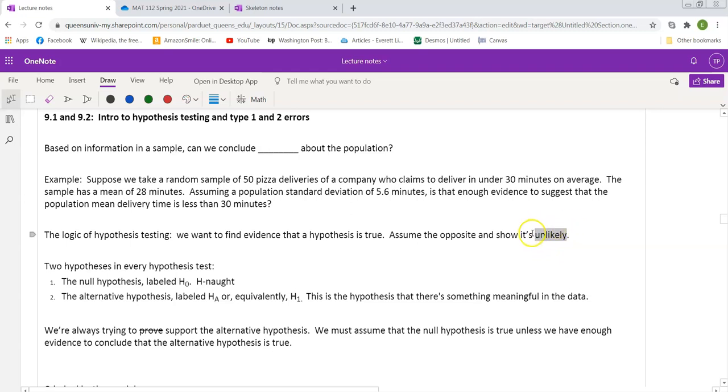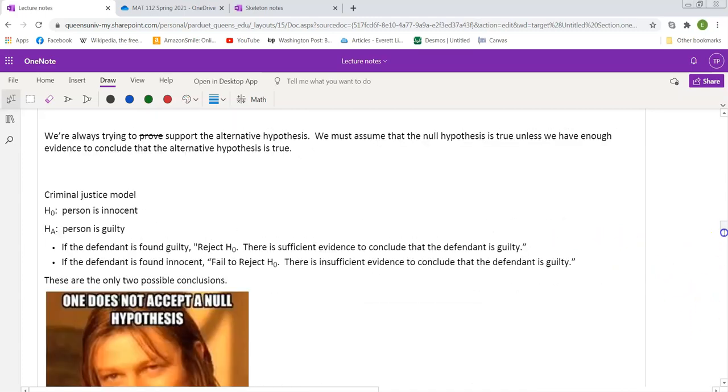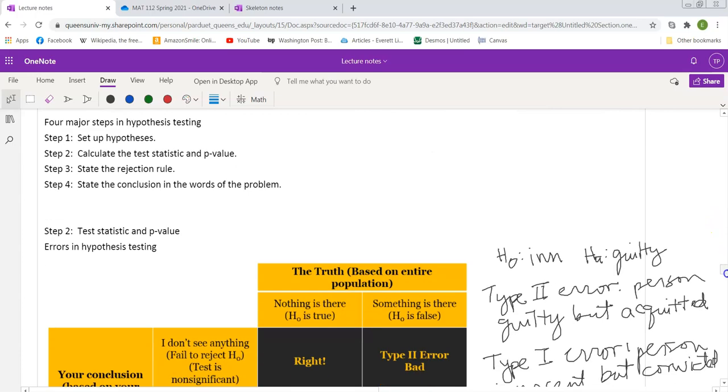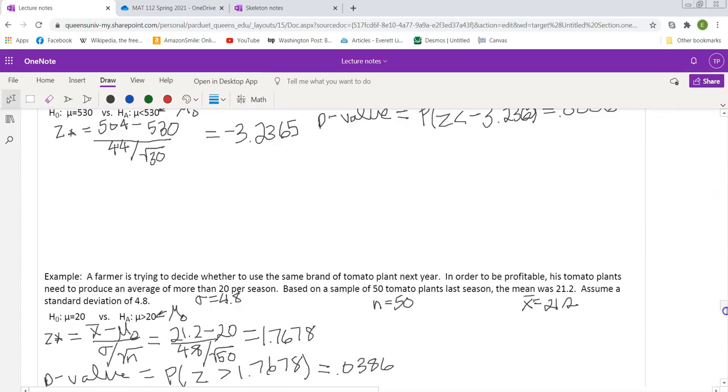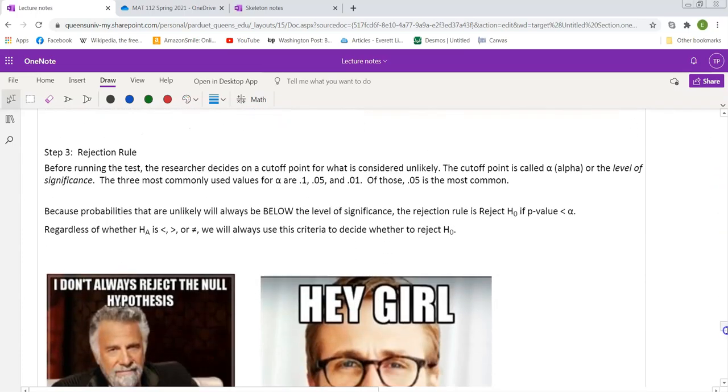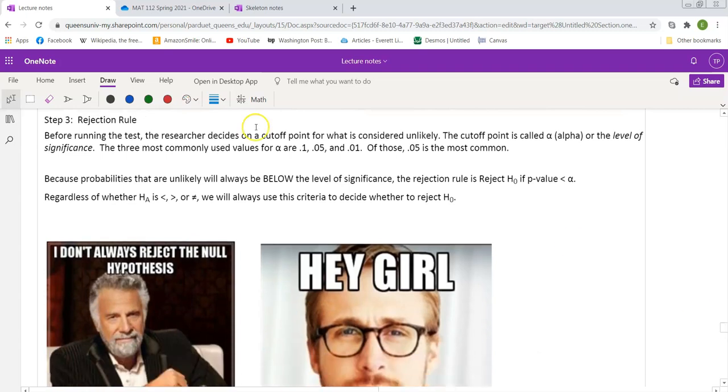We're always looking to see that the null hypothesis would be unlikely to occur given the data we have. So that's why we're always going to reject H0 if the p-value is small.